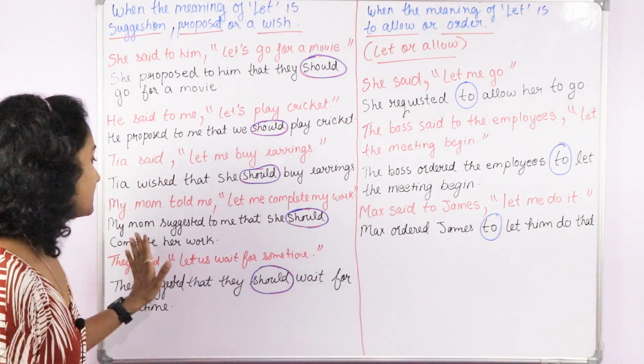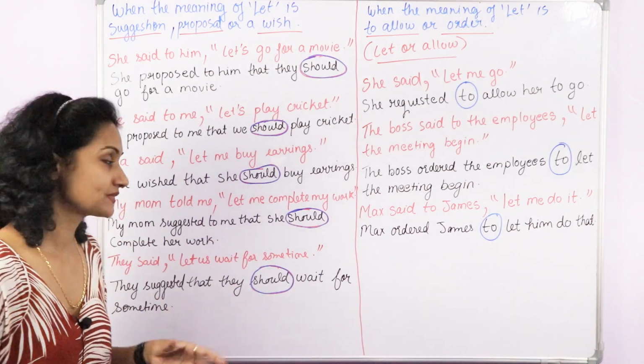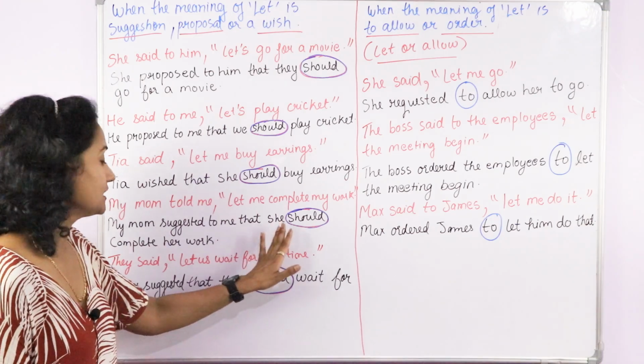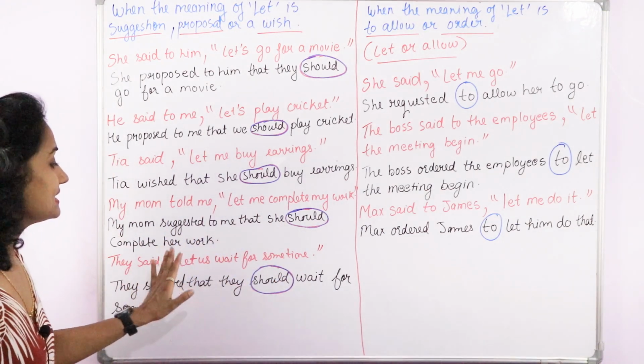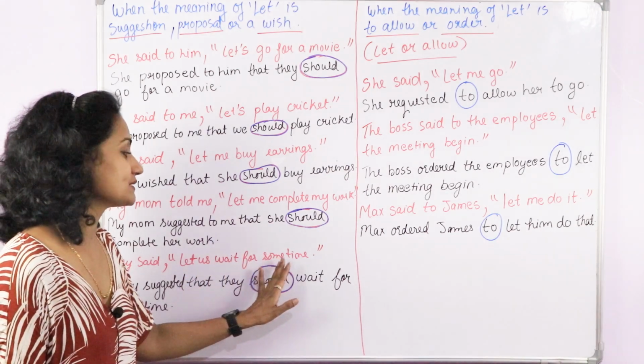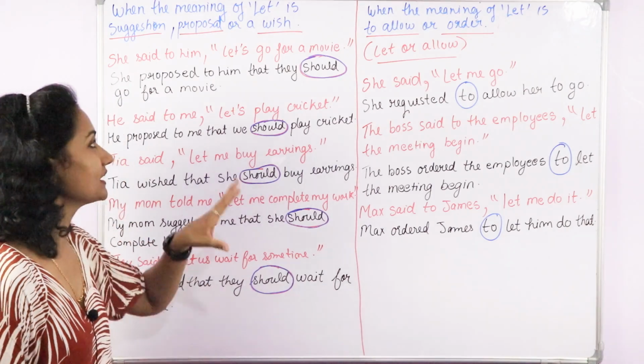It is a kind of a suggestion that she is giving to me. She suggested to me that she should complete her work first. They said, let us wait for some time. So when I write here let's, this means let us.